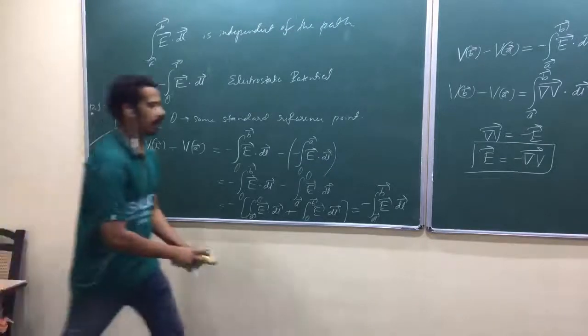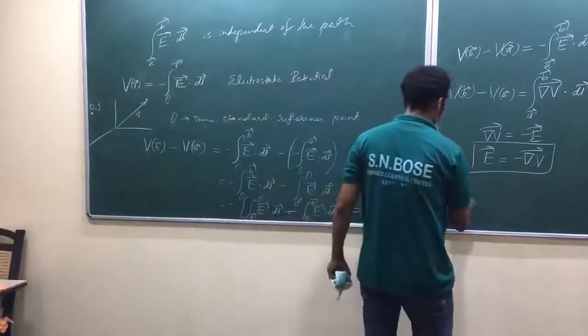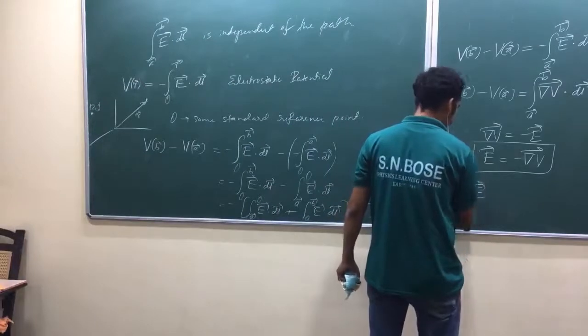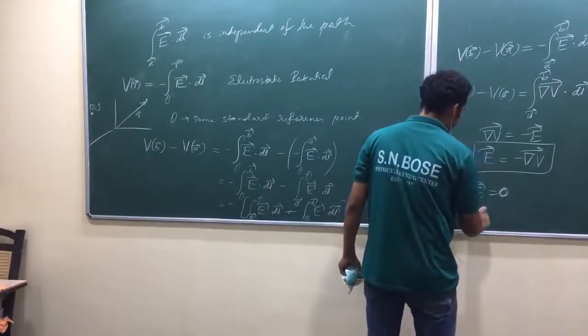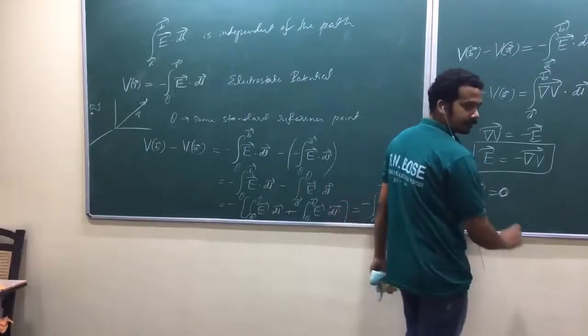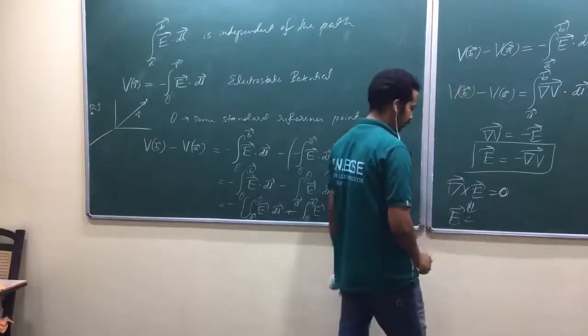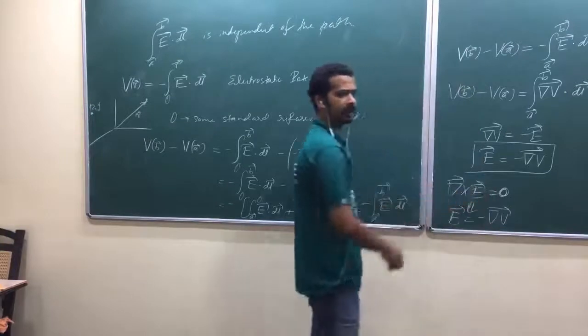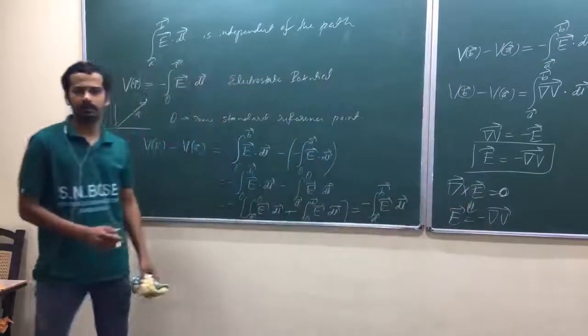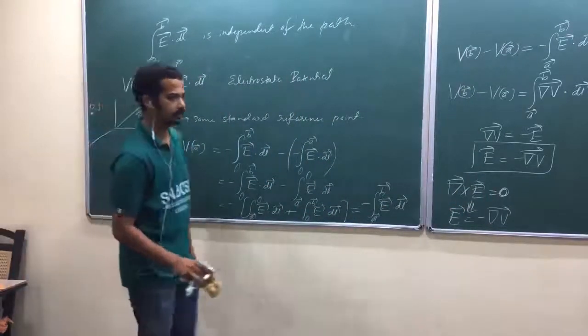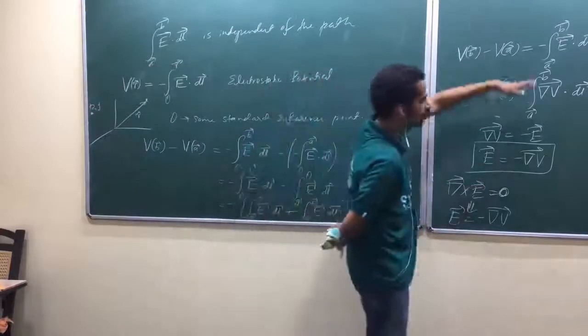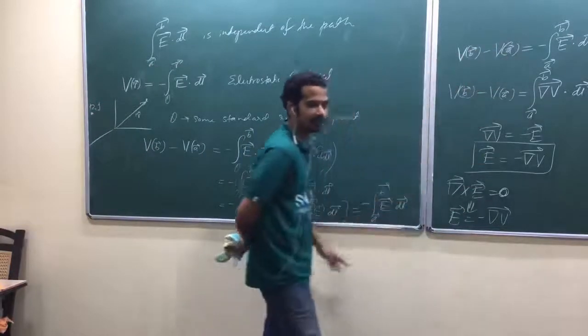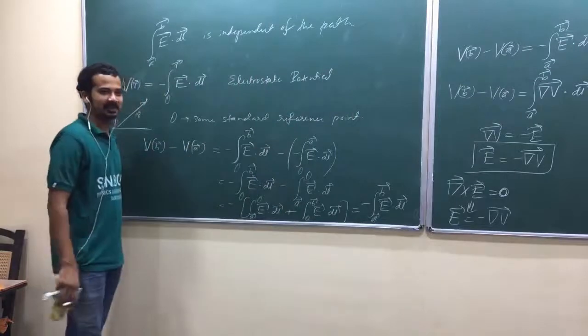Now actually, after I derived curl of electric field is equal to 0, I can directly say electric field can be written as some gradient of scalar. No need to be negative, it should be gradient of scalar. Vector calculus says only that. So then from this I can do reverse engineering to show this. Is that okay?